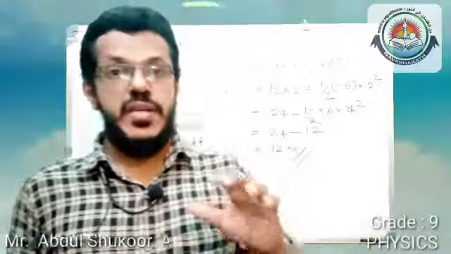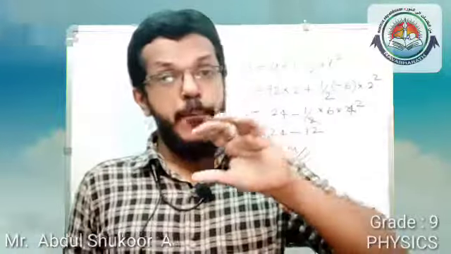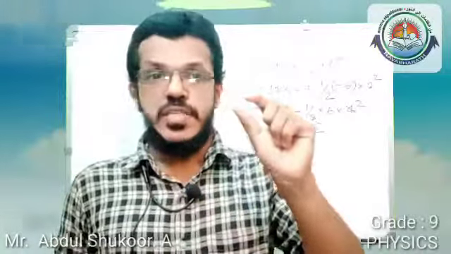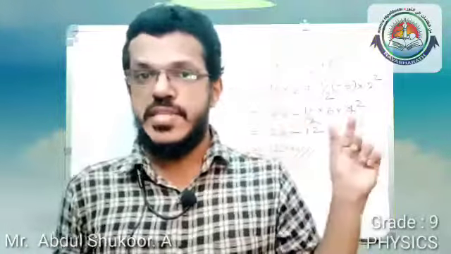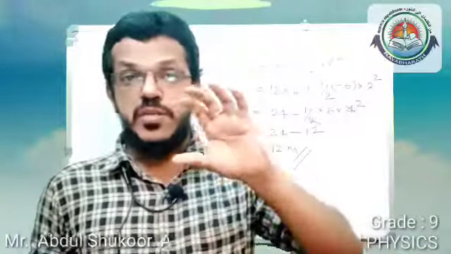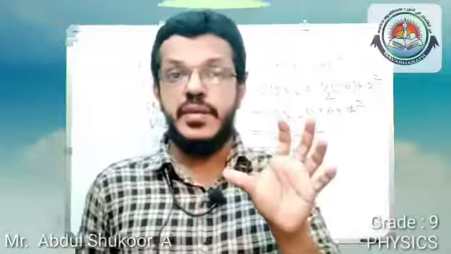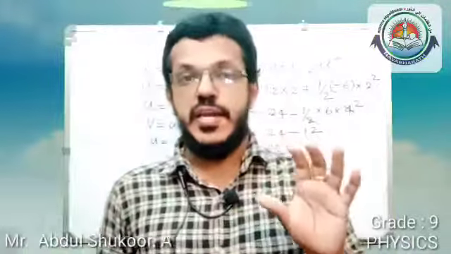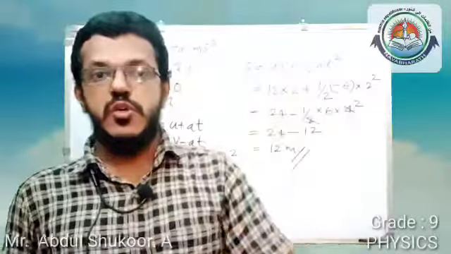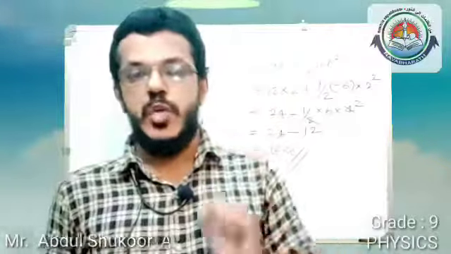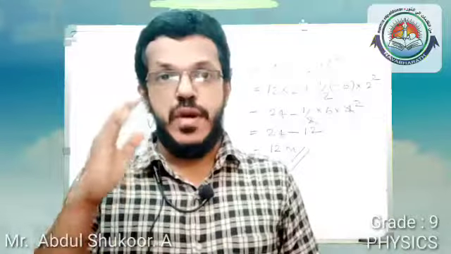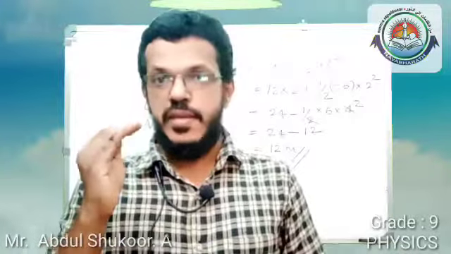The second equation is for the position time relation, that is S is equal to ut plus half AT square. Third equation of motion shows the position velocity relation, that is 2as is equal to V square minus U square. These are the topics we discussed today.